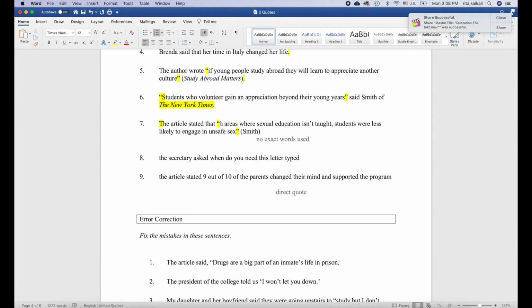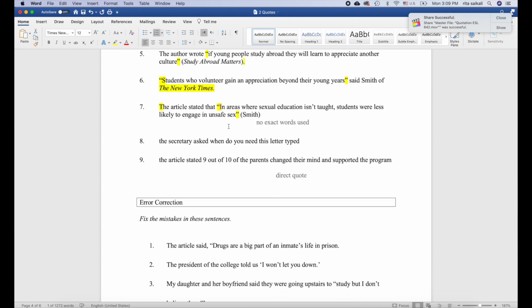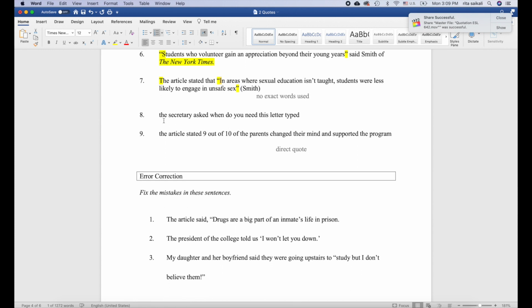In is actually capitalized because, like we said in the other video, in areas where sexual education isn't enough, students were less likely to engage in unsafe sex is a complete sentence. It is a full sentence, and because it's quoted, I has to be capitalized because it's the first word of technically what the sentence would have been without the quote. Okay. Then we have, and of course we need a period at the end of that sentence.